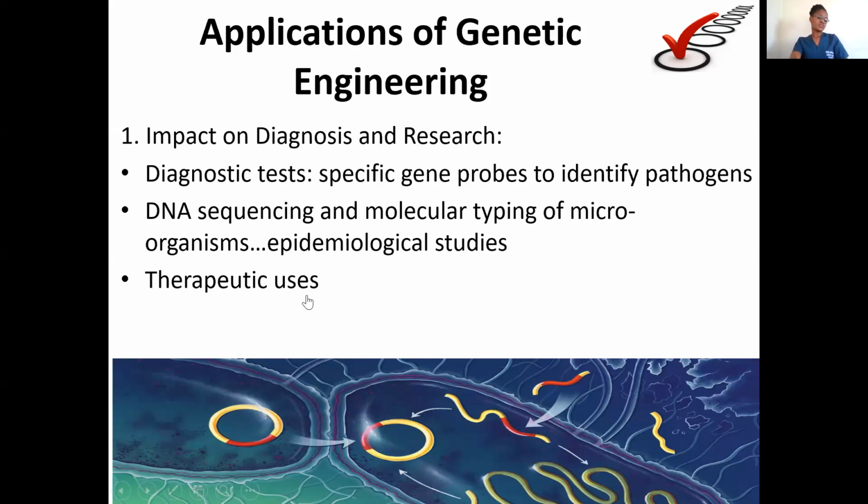For therapeutic uses, for example, insulin, we are able to manufacture it using the same genetic engineering method. With insulin, you have the gene of interest, which is insulin. You get it, do the plasmid process, put it in a bacterial cell, and then you're able to have several copies of that insulin gene.